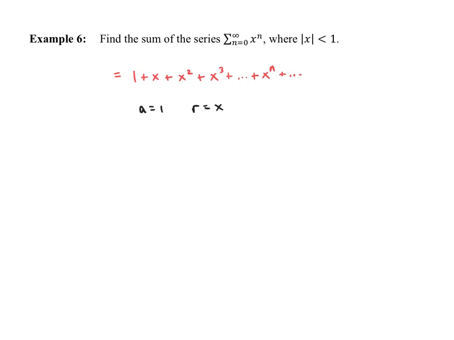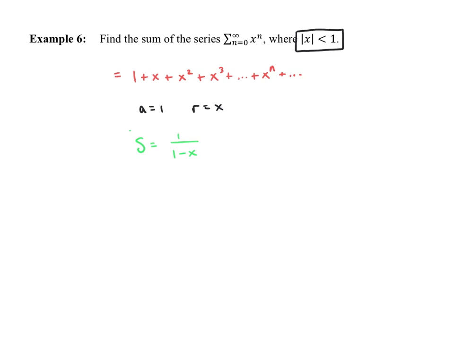And if we were to set a restriction of the absolute value of x is less than 1, in other words, it fits into the proper restrictions of a convergent geometric series, then what we get is a sum of 1 over 1 minus x.